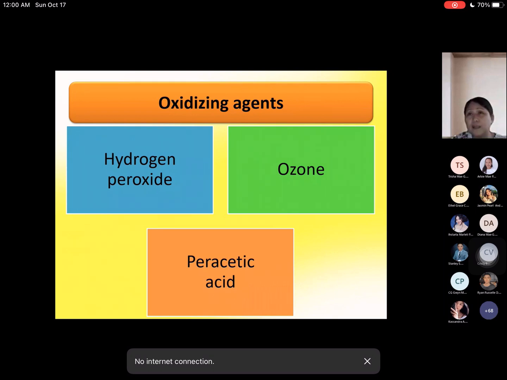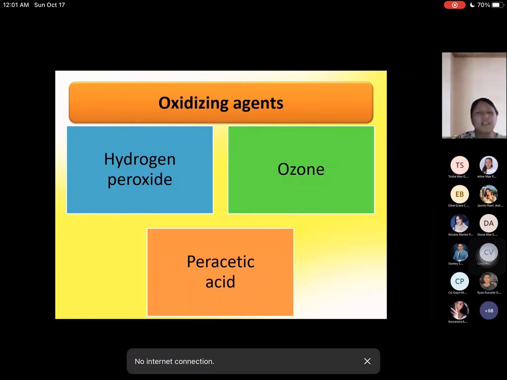Still remember that in the cell parts and functions. So it's not a good antiseptic because it is usually broken down into water and oxygen through the enzyme catalase in the peroxisome. Next is the peracetic acid. Peracetic acid is one of the most effective liquid chemical sporicides.